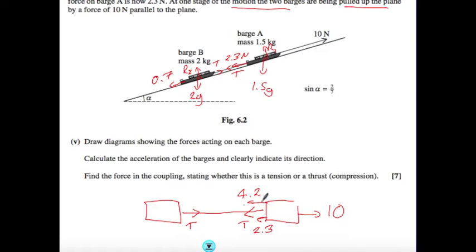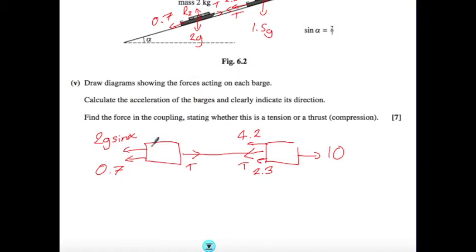So this is the component of the weight, this is the friction, this is the tension. We've got this tension acting this way. We've also got 2g sine alpha. So that is the weight component acting down the slope of this 2g, and we've got the 0.7. Okay, so there's quite a lot going on. And this was 2 kilograms, this was 1.5 kilograms.